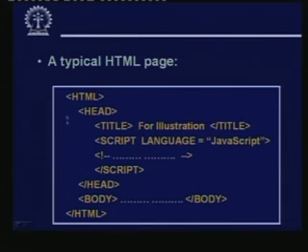Now, a typical HTML page including JavaScript will look like this. It begins with HTML, all the standard tags: begin head, end head, begin body, end body, something in between. This is title, end title. This JavaScript code can be inserted anywhere in the HTML document, either within the head portion or within the body portion.